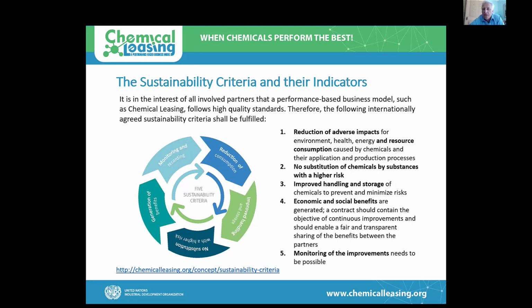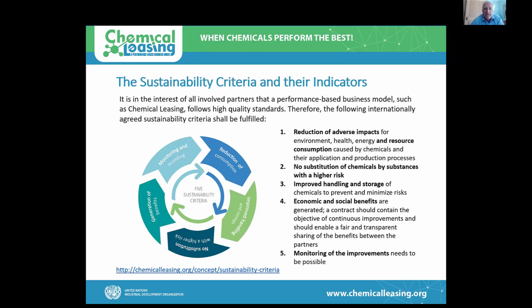And the user is having a better cost position. And as so many chemicals are saved, of course, there are less emissions, there is less waste, and the environment profits as well. So the international community has put all these requested effects into sustainability criteria.